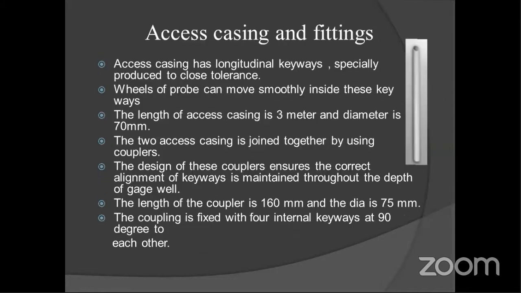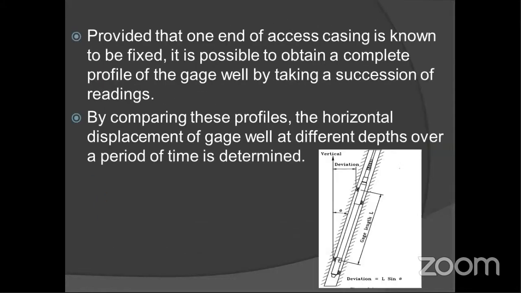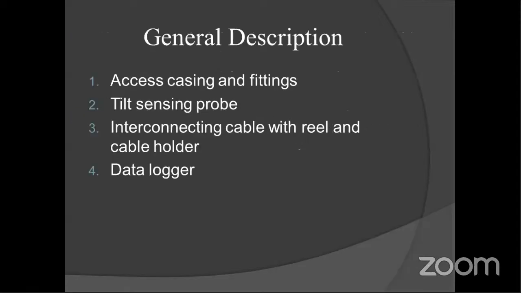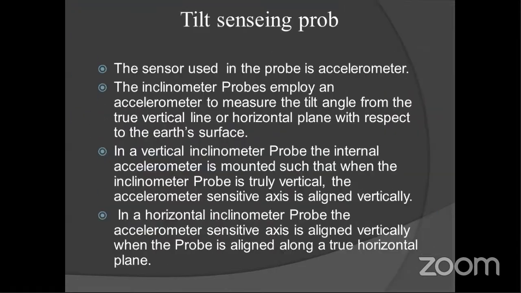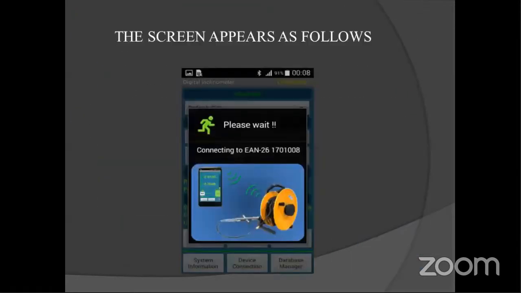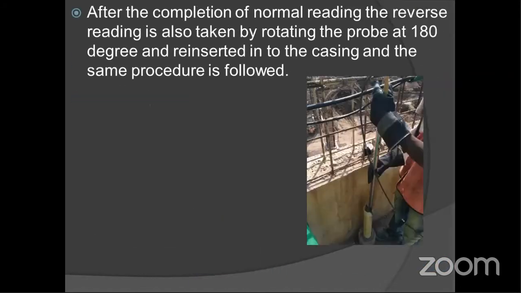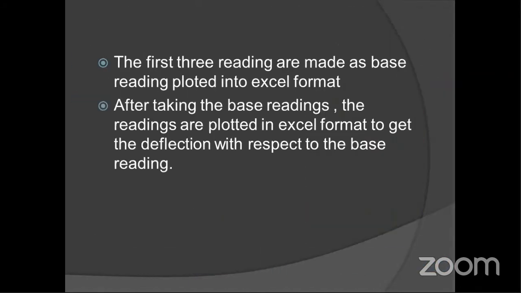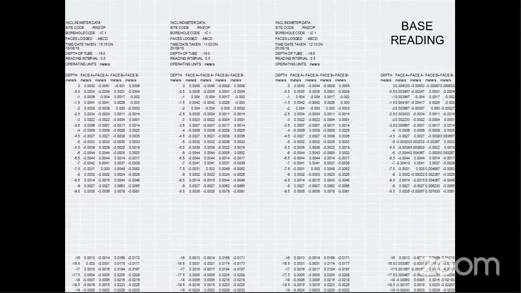See, I will show you. This L will be the length, and the theta: once the pipe is straight, it is going to make some angle while inserting that sensor. That theta will be our deflections, which is the data we are getting here.